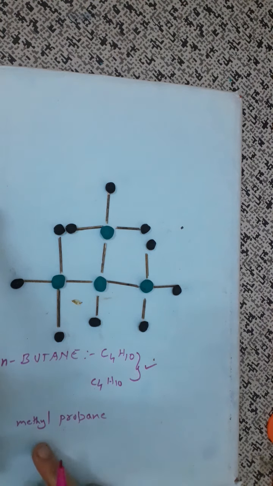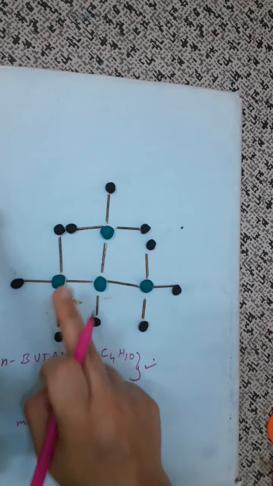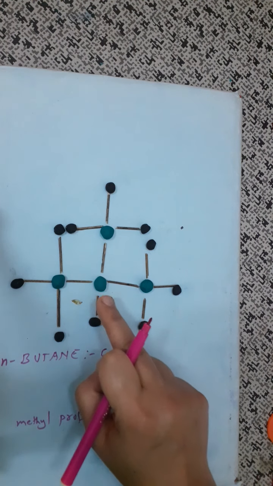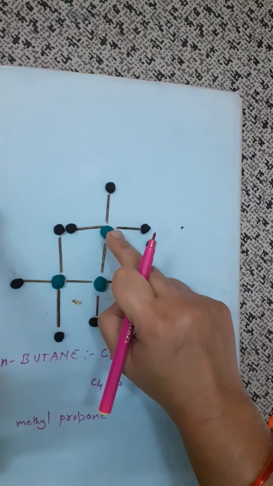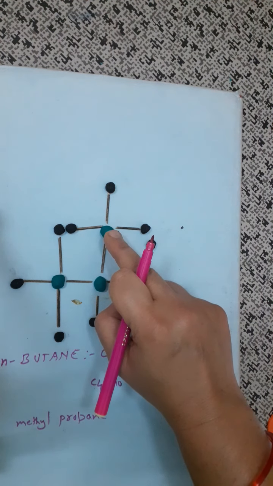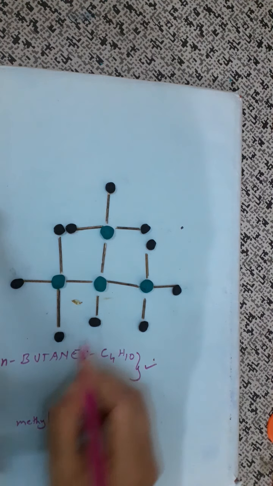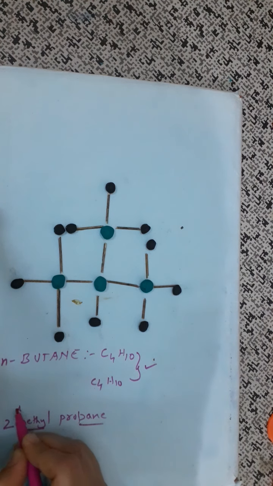Now, is this name complete? No. We have to mention where the methyl is attached. Let us count: 1, 2, 3; or 1, 2, 3. Either way when I count, the carbon gets the position second. So the methyl is attached to the second carbon, and the name of this new compound becomes 2-methyl propane.